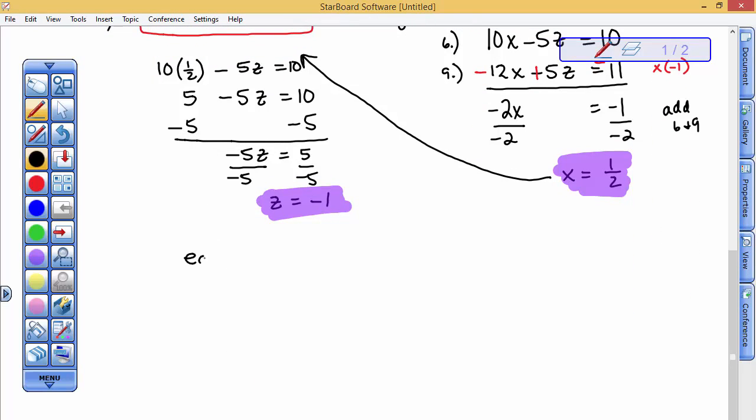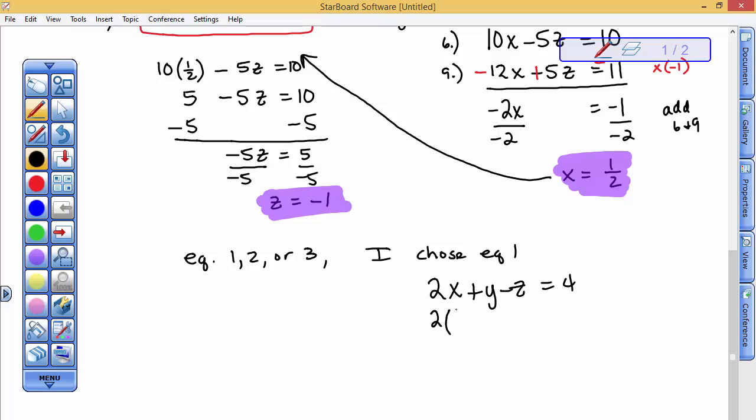I choose equation 1, which is 2x plus y minus z equals 4, and then I'm going to put in for x a half. This is nice because y is a positive. Then minus a -1, because it's minus whatever z is.